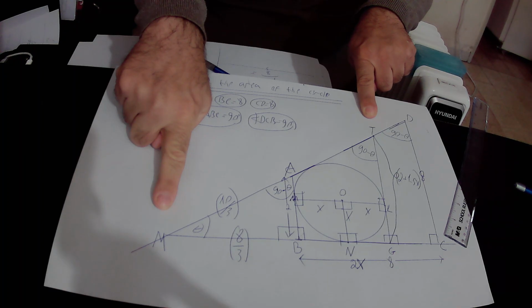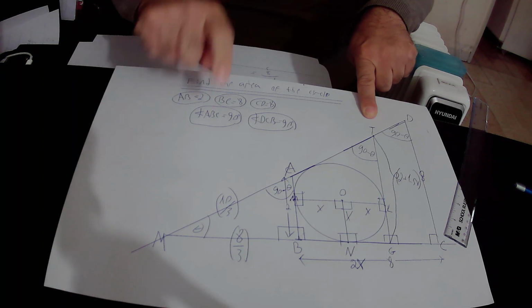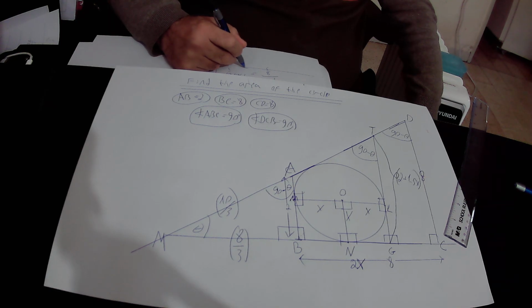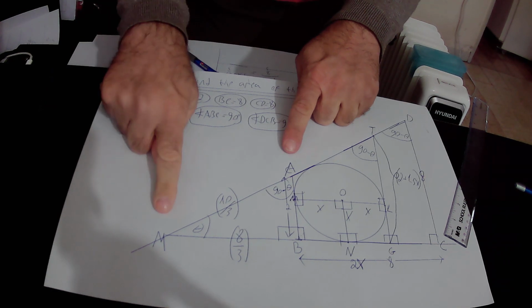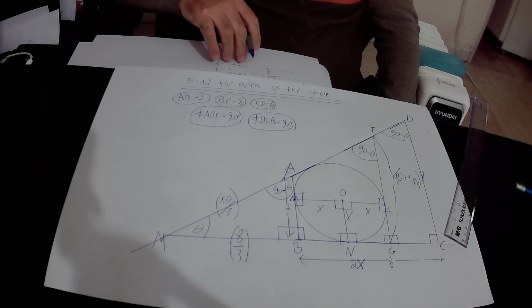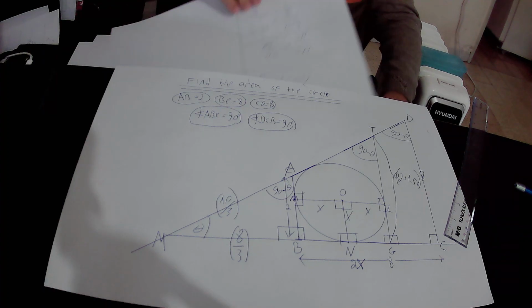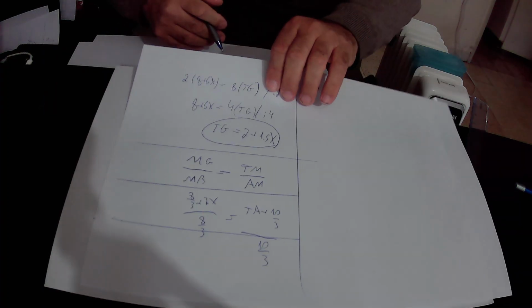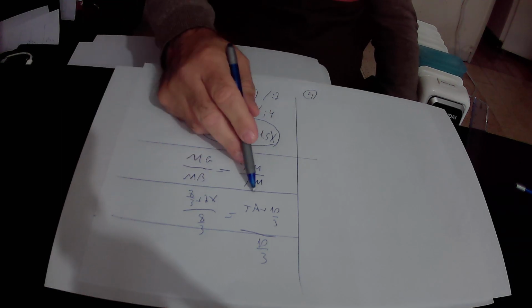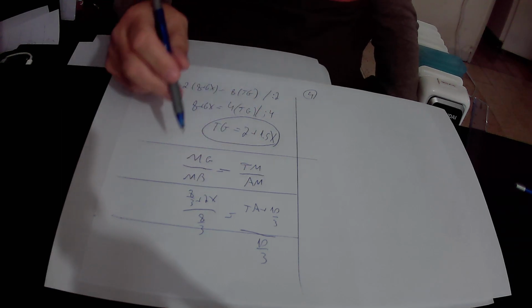So we substitute TM by TA plus 8 over 3, over AM, which is 8 over 3. So in conclusion, we found that 8 over 3 plus 2x over 8 over 3 equals TA plus 8 over 3 over 8 over 3.